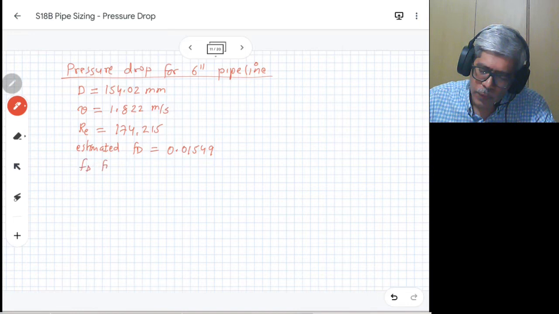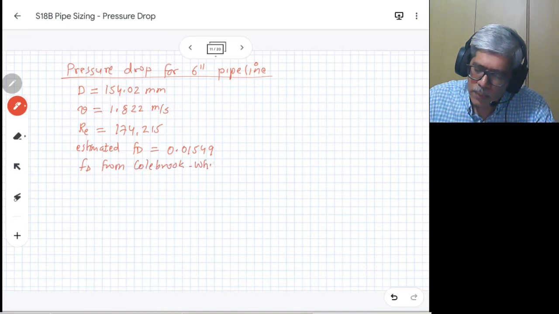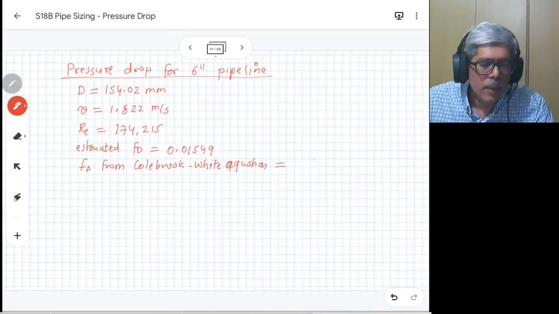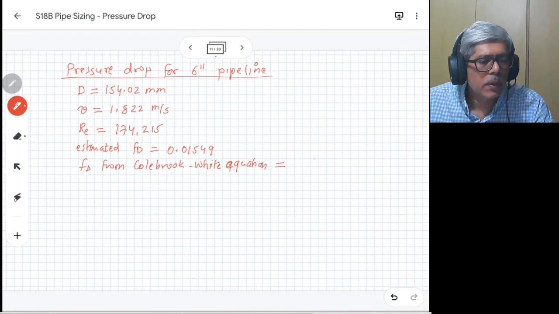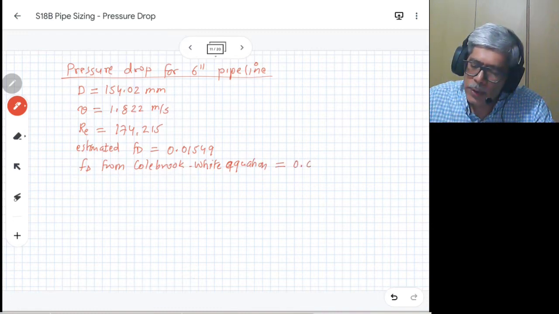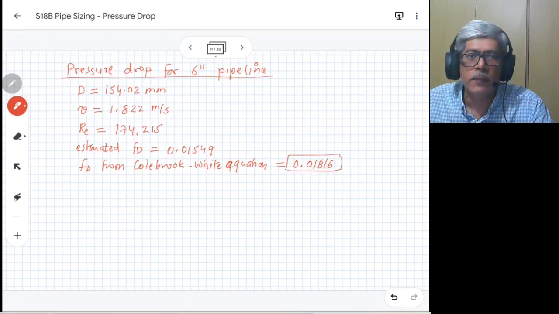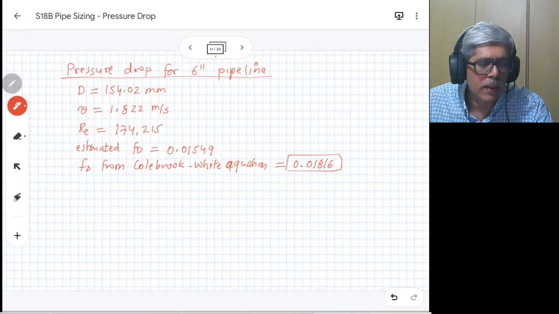So Fd from the Colebrook-White equation comes out to be 0.01816. I've just skipped the calculations, which are similar to what we did earlier.